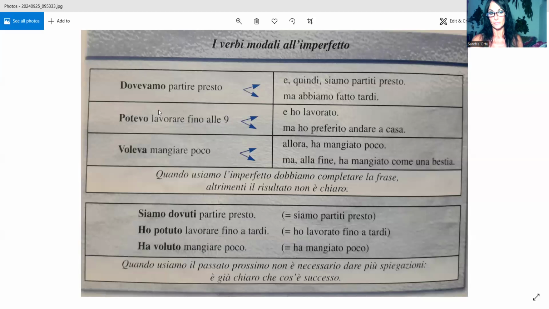So here potevo, again, I'm going to translate it in a way that we can see the difference between the two tenses. Instead of saying just I could, which is correct, it is not incorrect, to give you a better idea of what we mean here with could, is I had the chance to work until 9.